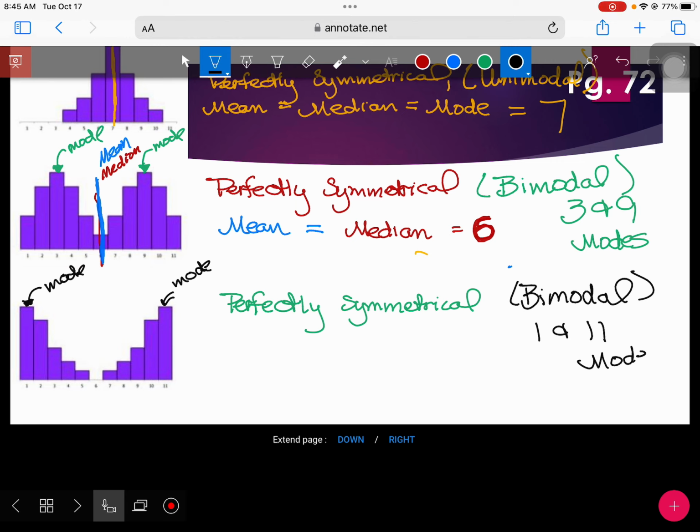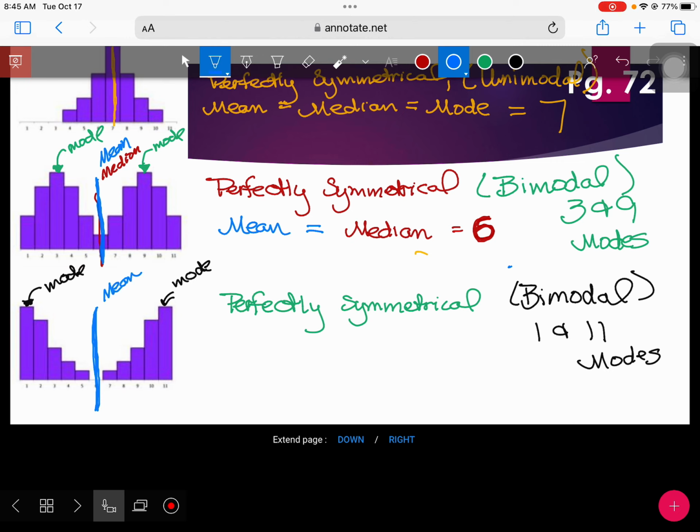Okay. What about my mean and medians? Since it's perfectly symmetrical, where's it going to be? In the middle. Yes. Don't have to have any values there.